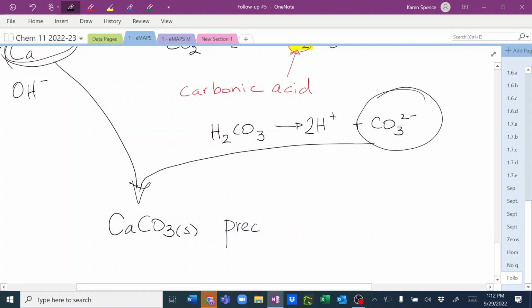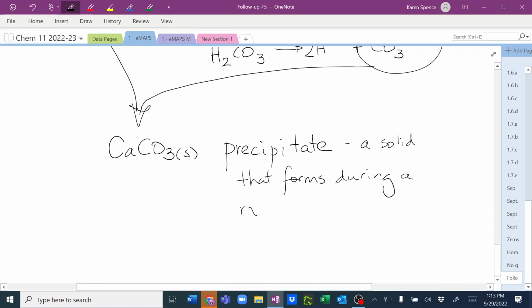Precipitate: a solid that forms during a reaction in aqueous solution. That is not an awesome definition, but are you responsible for that definition?